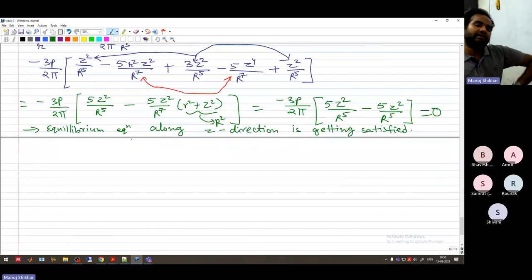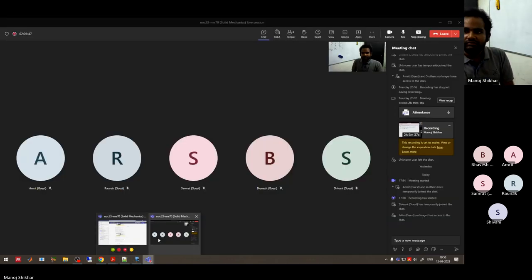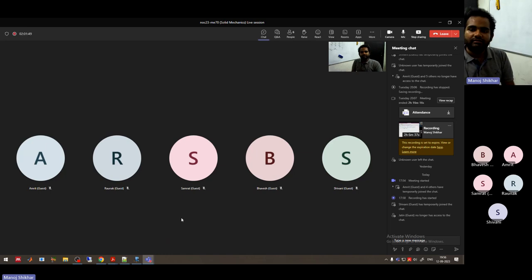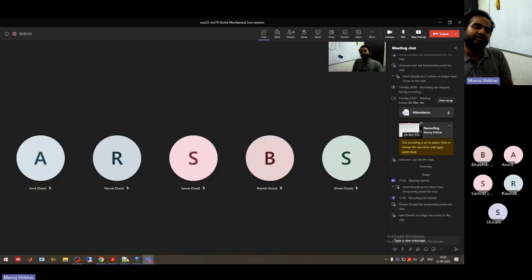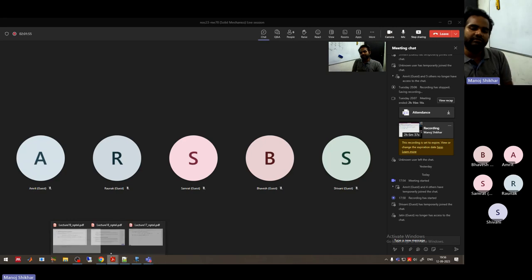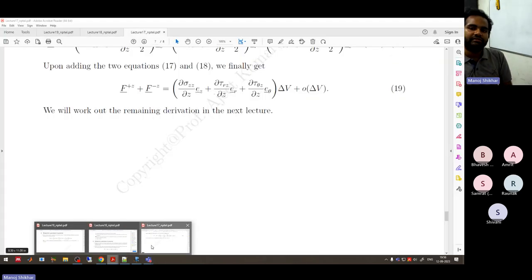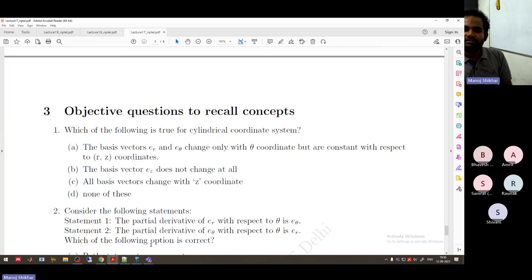Or they can give you the constitutive relation, like they will tell you that this is an isotropic body, these are the strains, and please find the stress components. They will tell you to find 6 stress components. So the questions will be like that.